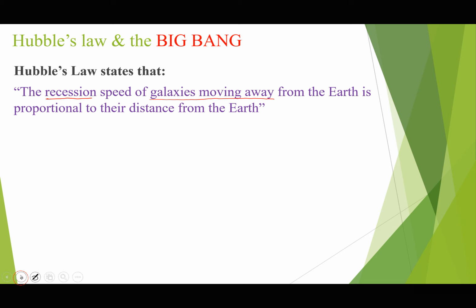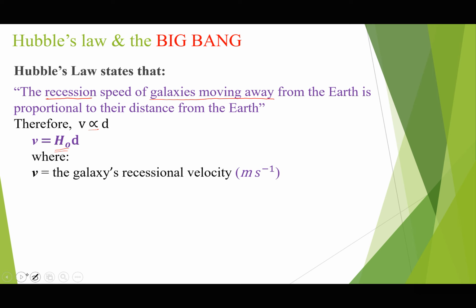So if I put this in letters, v is directly proportional to d. If I remove the proportionality sign and introduce a constant, v will be equal to H naught times d, where, of course, v is the speed of the galaxy, the recessional speed or recessional velocity of the galaxy.